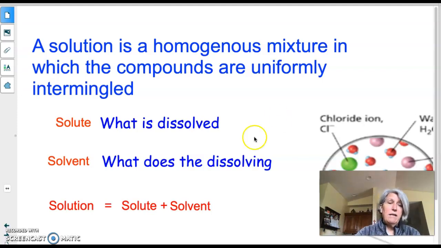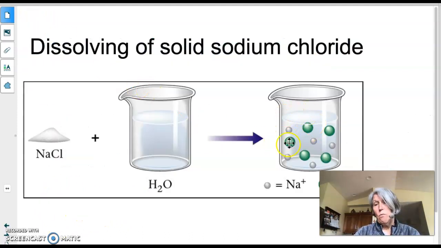If we add a solute and a solvent together, they will make a solution. So this picture that I showed you is actually a sodium chloride solution, and since it's dissolved in water, we would say that it's an aqueous solution.